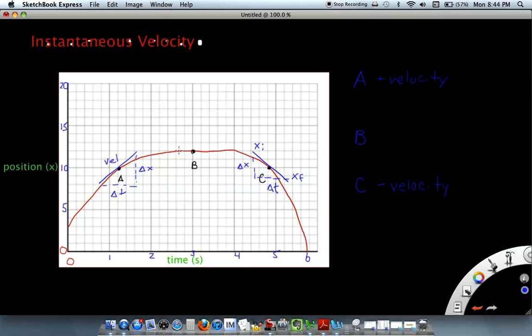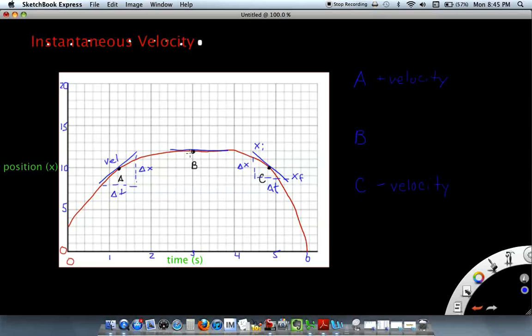And now what about point B? Well, if I draw a line tangent to point B, I have a horizontal component, I have a time component, but I do not have a vertical component to that line. I do not have a change in position. And if I do not have a change in position, there is no change in displacement.